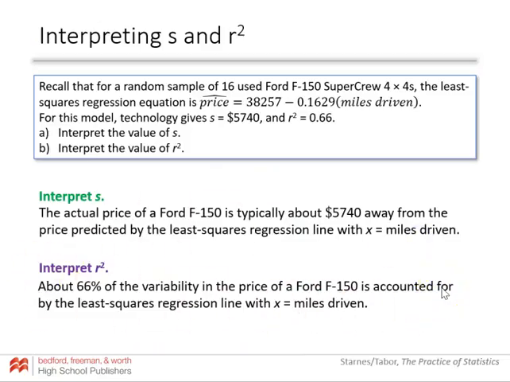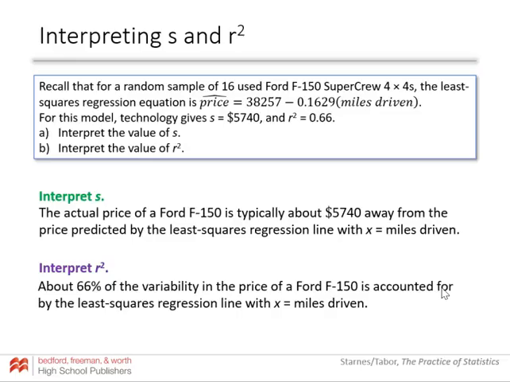Okay, so a way to think about R squared. The price of a used truck, the number of miles on it is going to be a big factor in how much that truck is going to cost, but it's not going to be the only factor. It could be lots of other things like, has it been in an accident? What kind of special features does it have? Does it have an added stereo system or upgrades done to it?